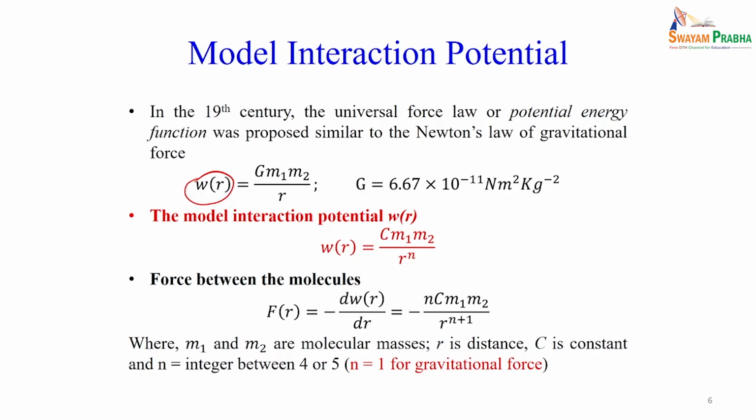This is very much known as the gravitational potential, G m1 m2 upon R, where G is the gravitational constant, its value is written here. So from this, the model interaction potential was defined: G was replaced by a constant C, then m1 m2, and we put R to the power n, with n another constant.